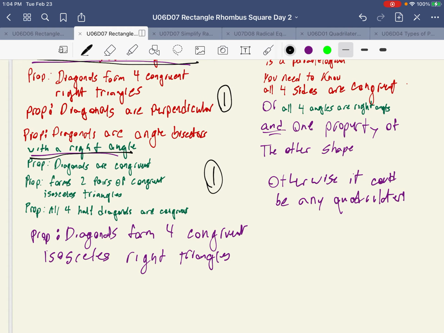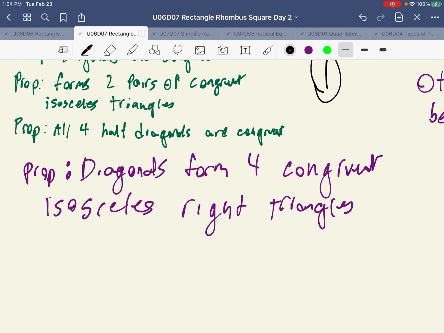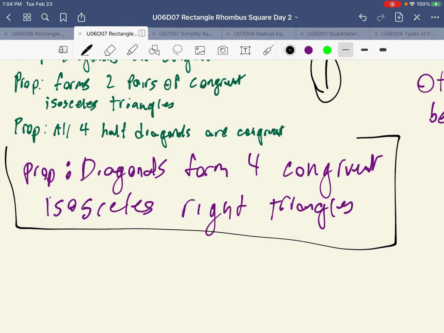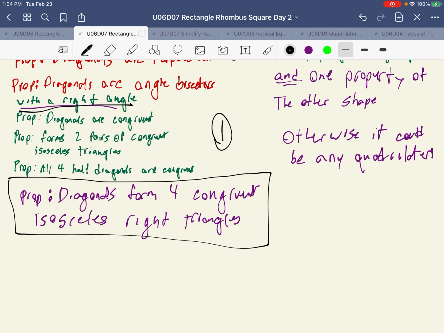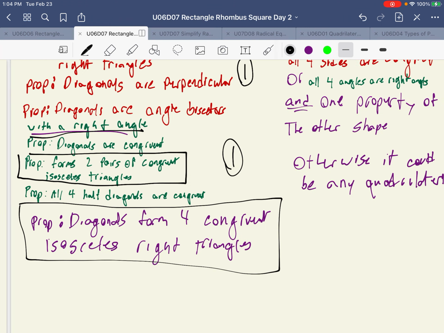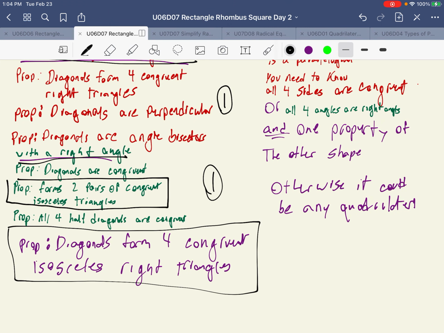So there is a unique property to a square, which is that the diagonals will actually form four congruent isosceles right triangles, which is actually just a combination of the rectangle property of making isosceles triangles and the rhombus's property of making four congruent right triangles.